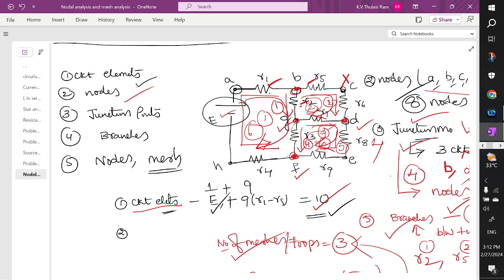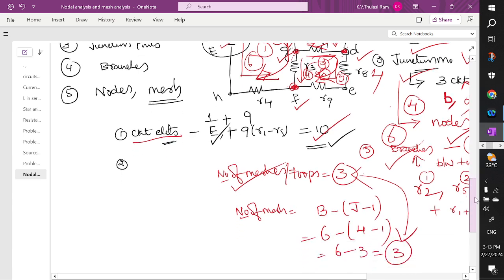How many branches are linking each other? Already we identified 6 branches. This is how to identify the number of circuit elements, nodes, junction points, branches, and meshes. Now let us try to solve some problems on nodal analysis.